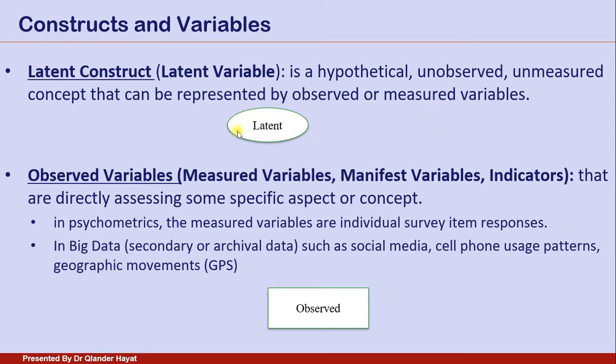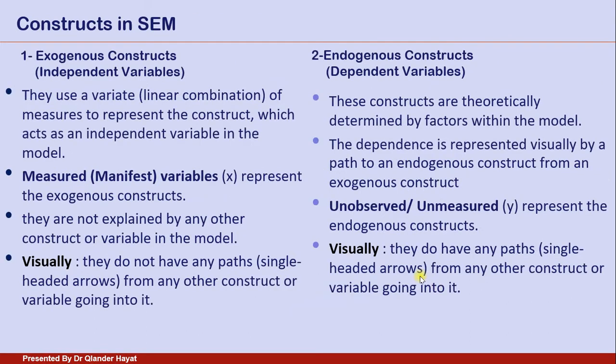Latent variables are depicted by ellipses or circles, while observed variables are depicted by rectangles in SEM path diagrams.